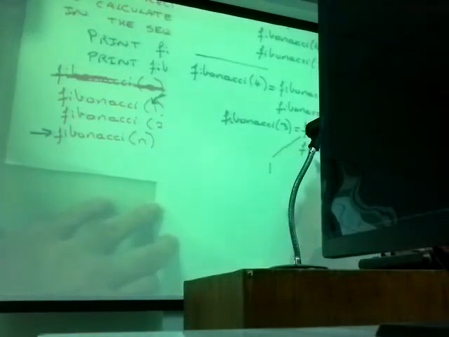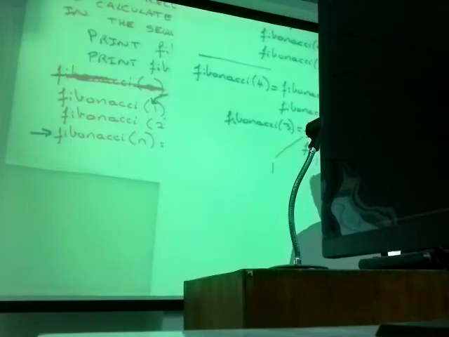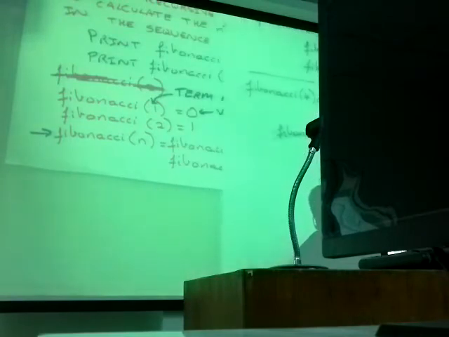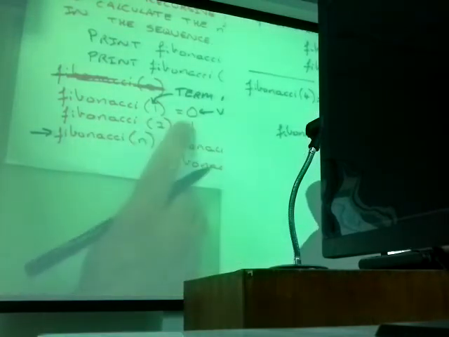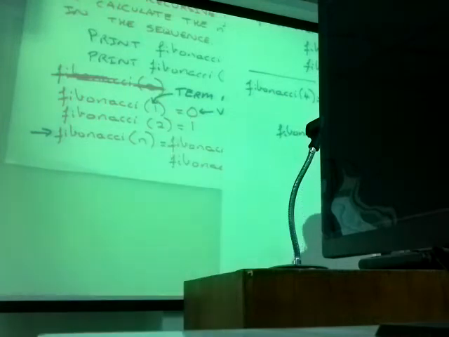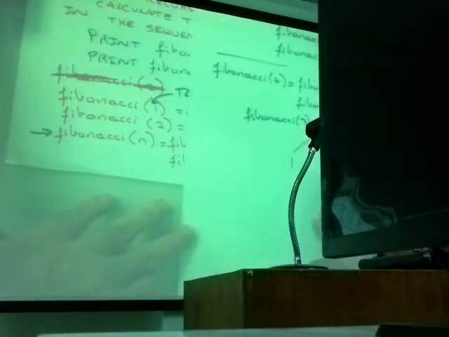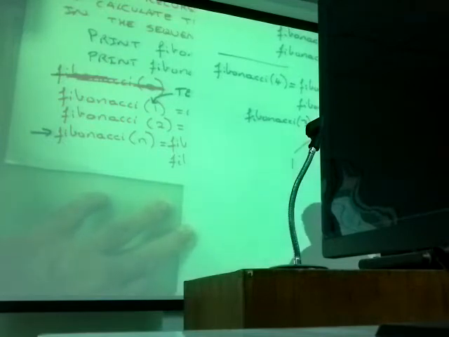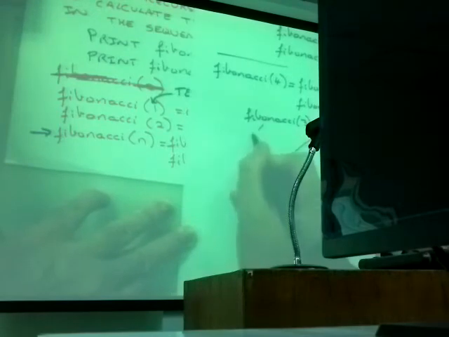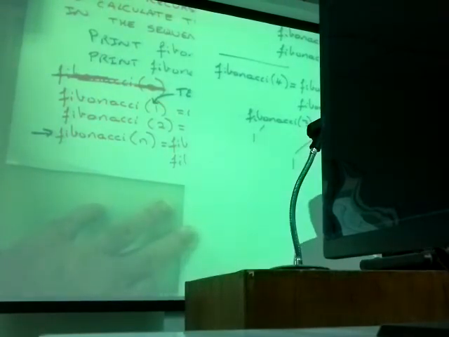What about Fibonacci 1? Fibonacci 1 is 0. That's right. So 1 plus 0 is 1. So therefore Fibonacci 3 has the value 1.